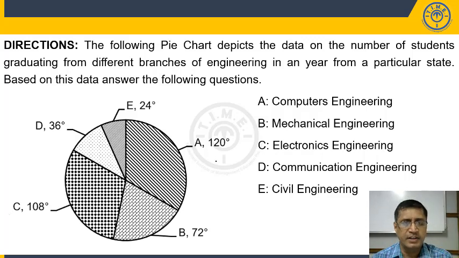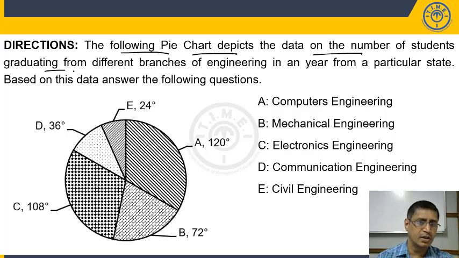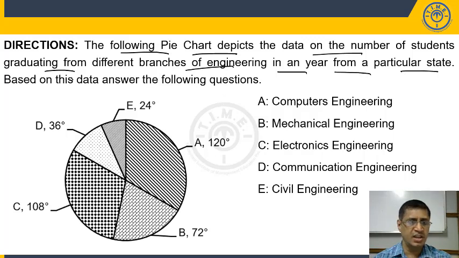Okay, now look at the directions here. The following pie chart depicts the data on the number of students graduating from different branches of engineering in a year from a particular state. Based on this data, answer the following questions. Now the values are given in degrees.